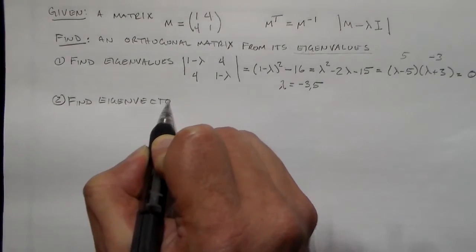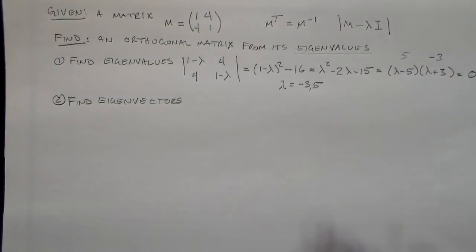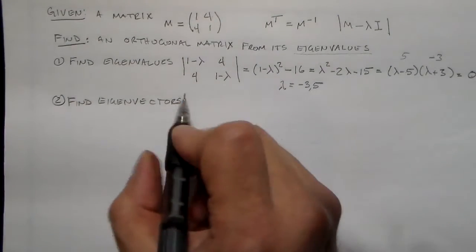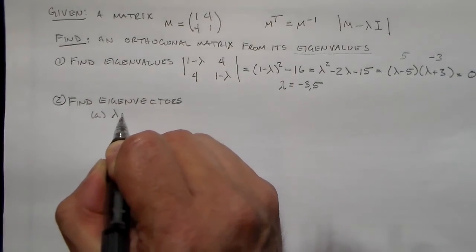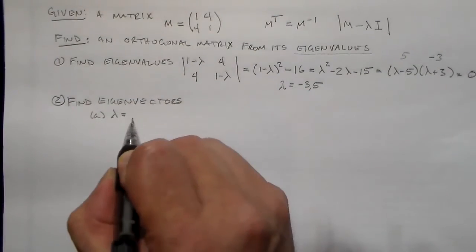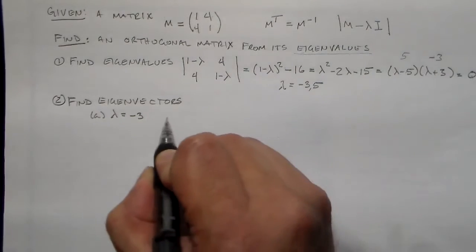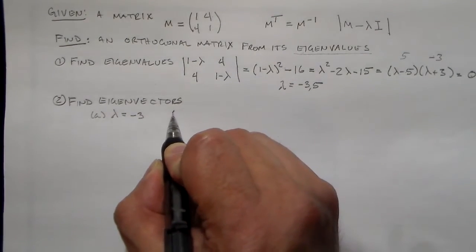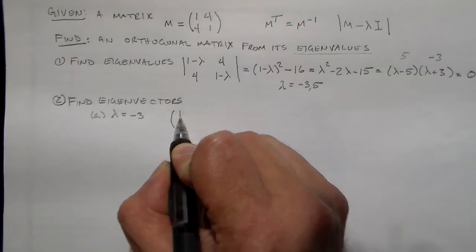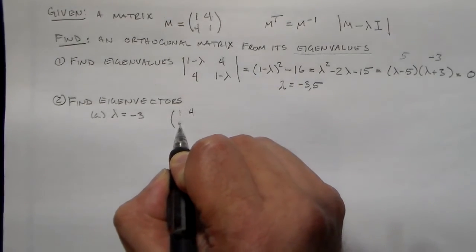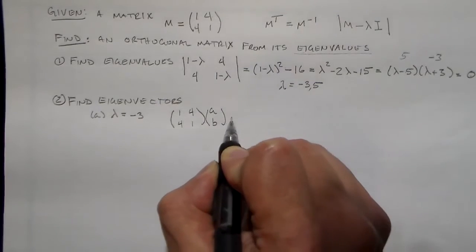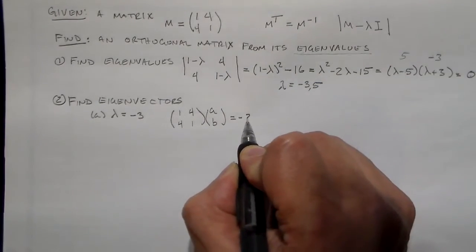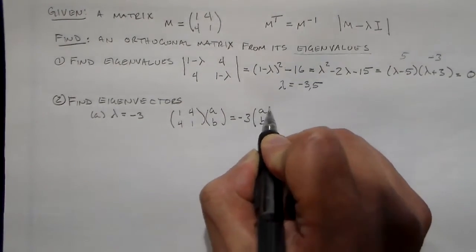The eigenvectors we're going to find just by using the definition of an eigenvalue. Let's start with lambda equals minus 3. An eigenvalue will be something where if you multiply a matrix by some vector, it's going to be equal to that eigenvalue times that vector.